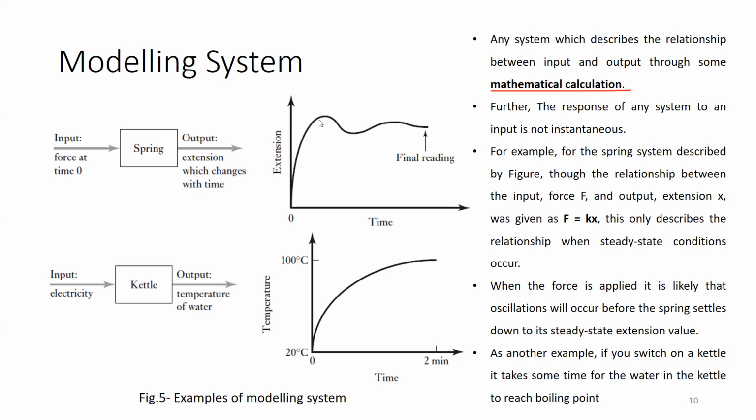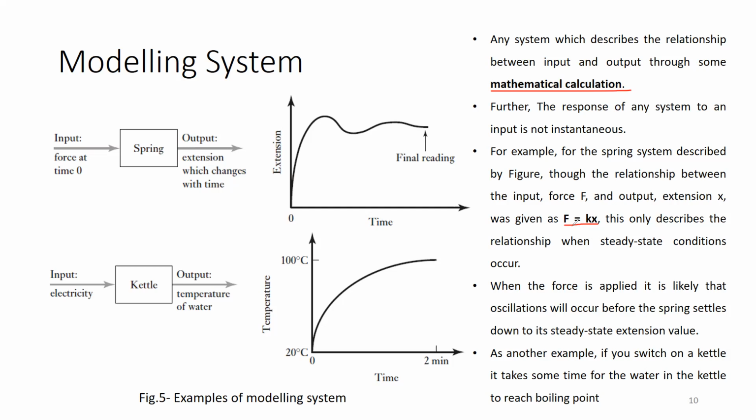Examples are force is equal to K times X. Here K is a constant, the spring constant, and X denotes the displacement or the extension occurring in the X direction. Okay.